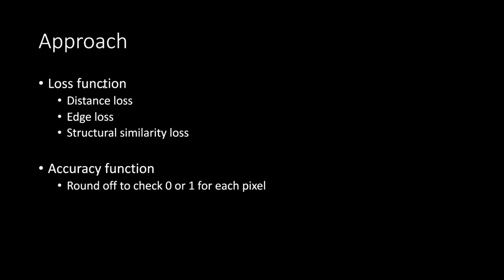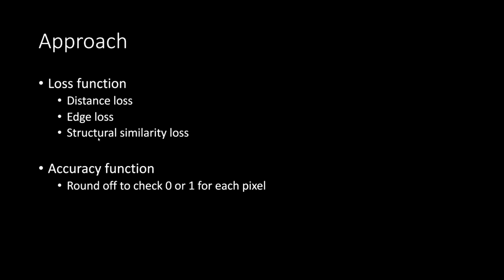The loss function I use is composed of 3 losses. The first one is the distance loss, which calculates the difference in the distance pixel-wise. I will have the edge loss as well, to calculate the difference in the derivatives so that we will have a clear and sharper edge.